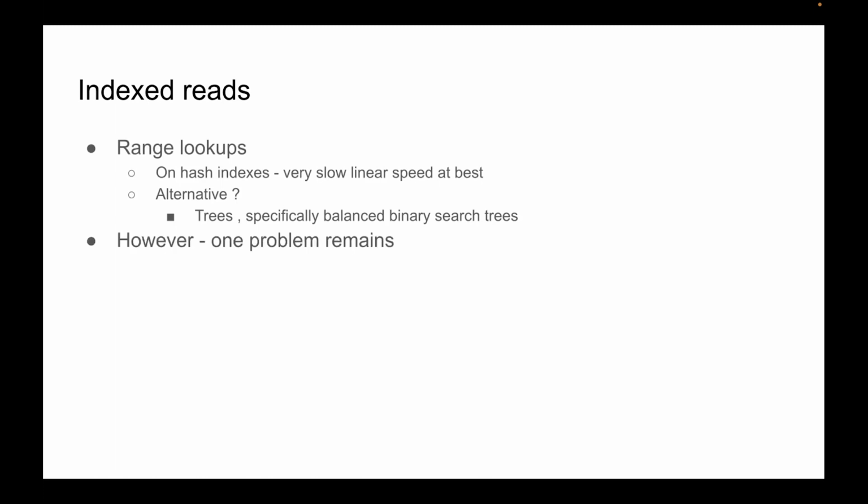Even if you were to arrange the indexes in this manner, one problem still remains. The index will grow linearly with the number of records. What I mean here is, let's say I have 10,000 records on the disk. I still need 10,000 indexes to point to these 10,000 records, right?